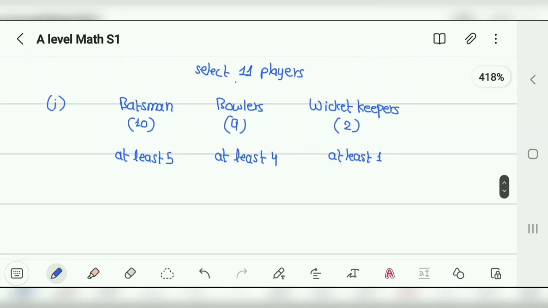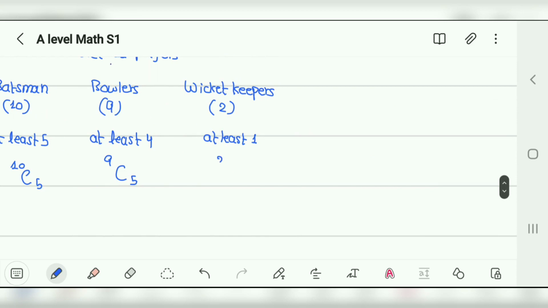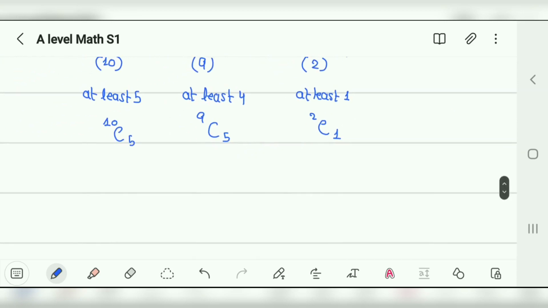Okay, if I choose 10c5, and here I choose 9c5, and here 2c1.